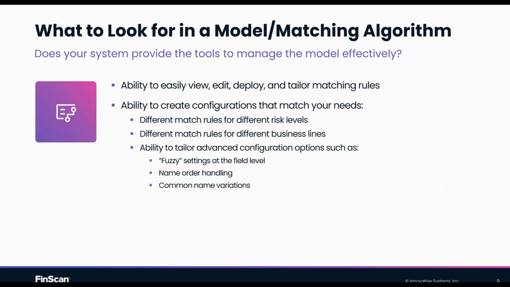And then, of course, once you actually get into the match rules themselves, i.e., how strong, how tight, how loose, how weak do I want to make the rules? Some of the things that you're going to be looking for is, of course, fuzzy settings. But we say they're fuzzy settings at the field level because we feel that that's important. Most fuzzy systems will match at either the record level or the full name level, maybe.